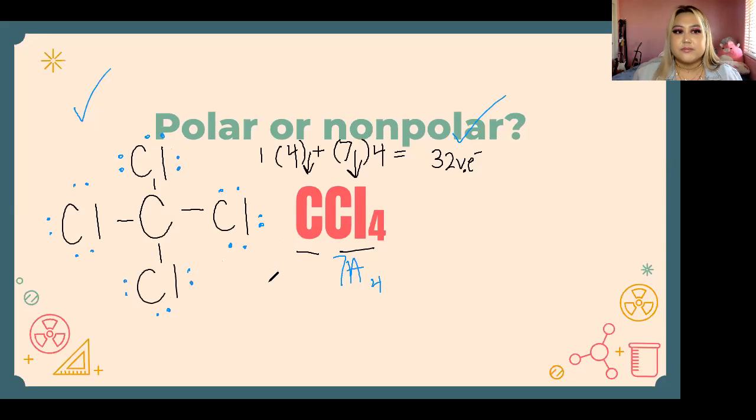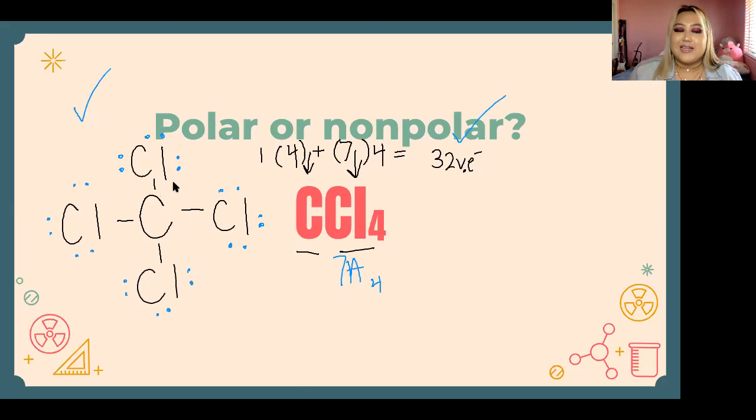Because I'm still not sure how you determine if it's polar or nonpolar. Yeah, good question. Like I said before, this is evenly distributed, right? Covalent bonds are the sharing of electrons. Since they're all the same element around carbon, chlorine is going to have the same pull.